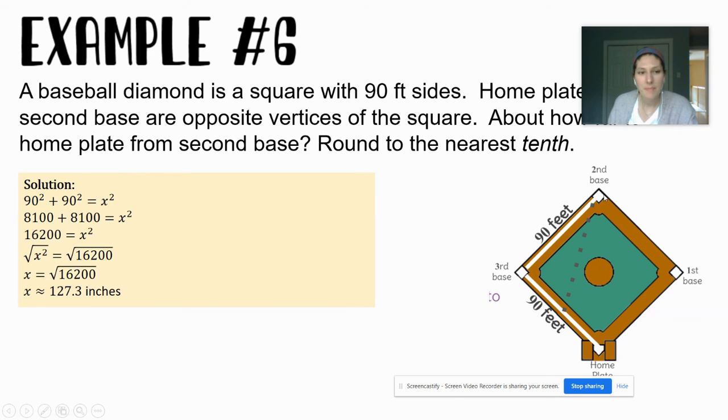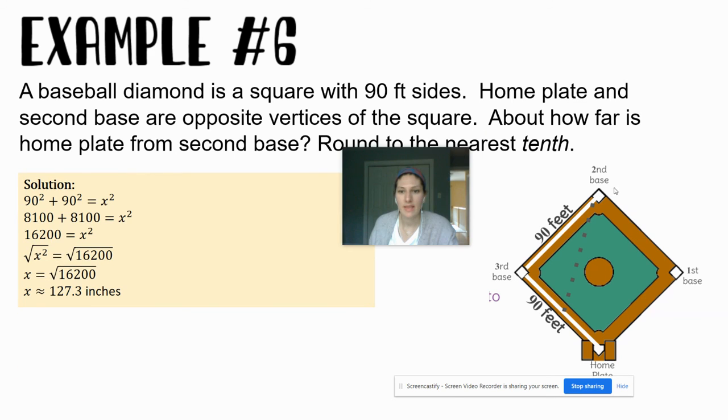When I plug it into my Pythagorean theorem, I have leg squared plus leg squared equals the hypotenuse squared. So I plug 90 squared plus 90 squared. I evaluate each of those numbers. I add them together. And I want to get x by itself, so I take the square root of both sides. Again, you're going to your calculator because it said to round.